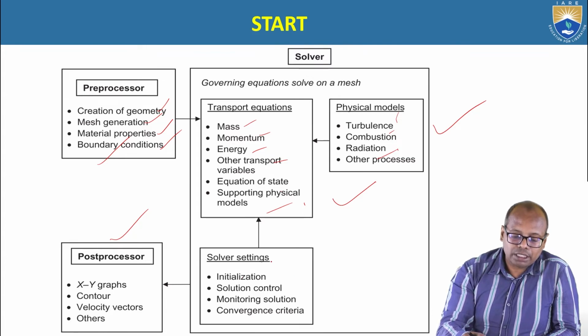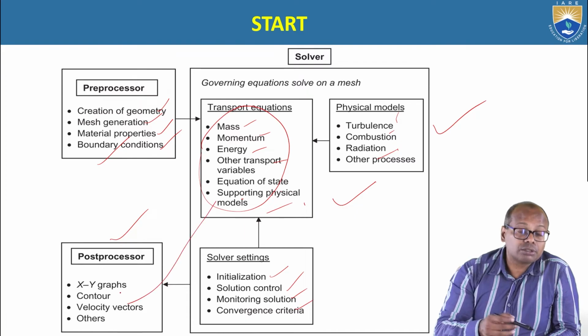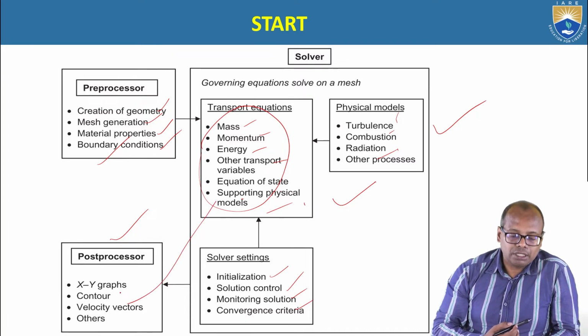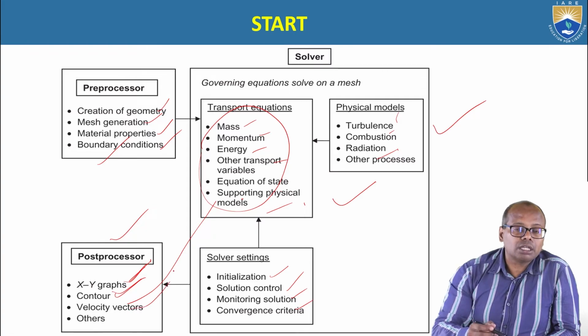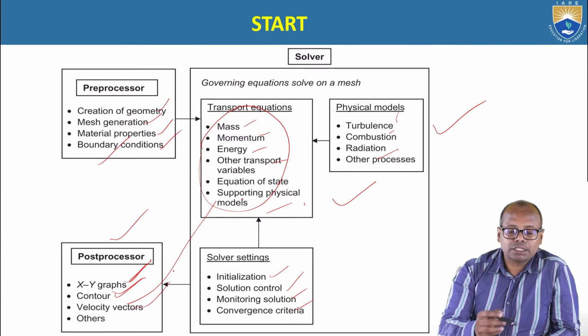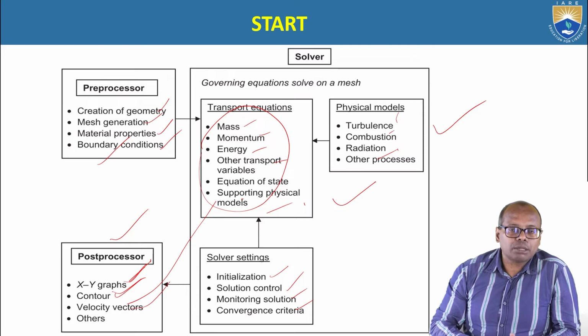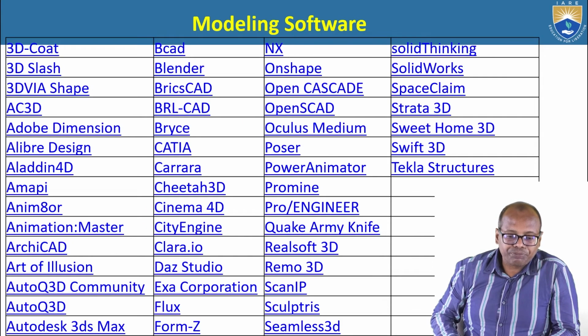It will also take into consideration the initialization and convergence criteria, and it will calculate all these values and write them into the result file. In post processing we will have xy contours, xy graphs, xy plots, velocity vectors, and other kinds of results. So this is the flowchart type of representation of all the process that we have discussed till now.